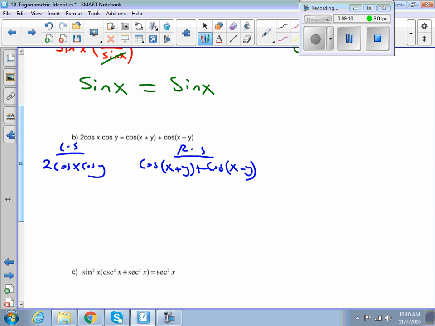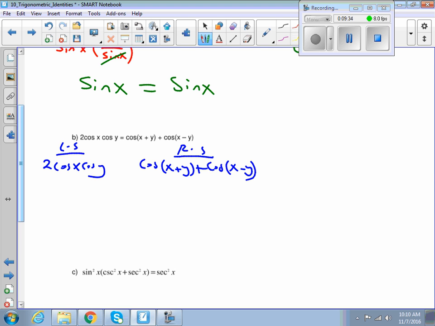Now, which side do you suggest I start working with? Left or right? Correct, right. Because the left hand side is just 2 cos x times cos y. It's not squared. If I had cos squared x, I could have replaced it with 1 minus sine squared, but I don't have that. There is nothing I can do with that side.